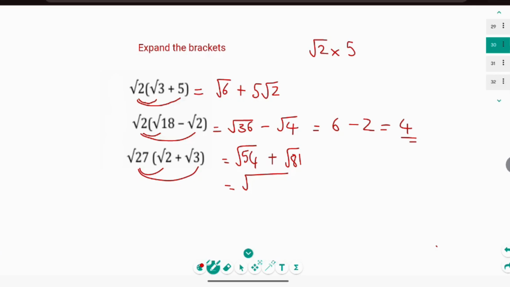So I can split 54 into square root of 9 times 6. Square root of 81 is 9. Let's just split this up into root 9 times root 6. Square root of 9 is 3. Can't square root 6, cannot simplify, so 3 root 6 plus 9, final answer.